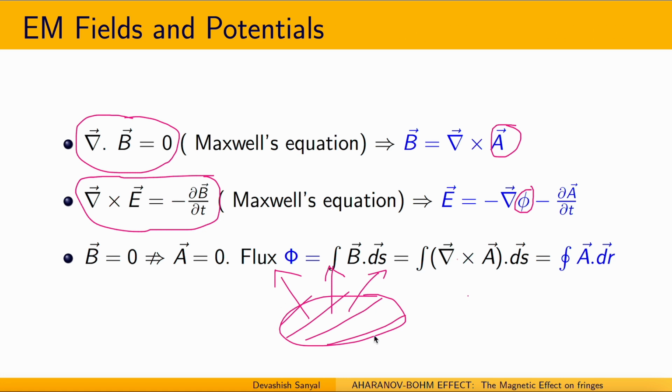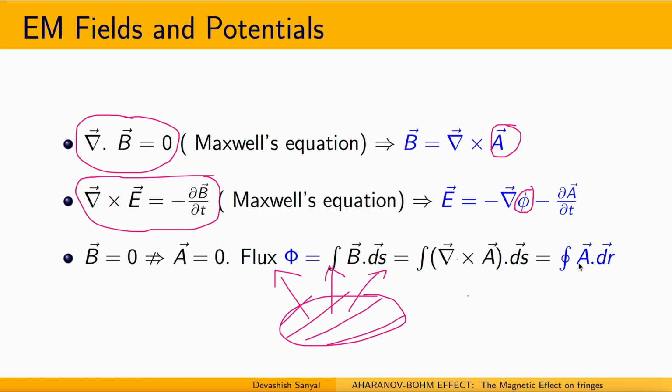That gives us the magnetic flux across this region. Or B we know is curl of A, so we can write it as curl of A dot dS, and then we use the theorem in vector calculus, which is Stokes' theorem. So curl of A dot dS immediately leads to A dot dr.